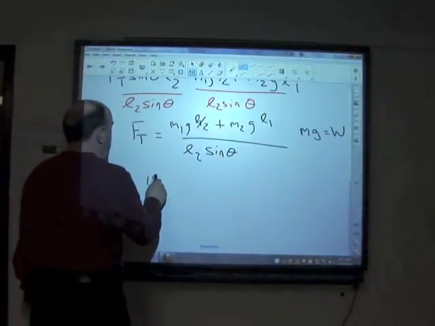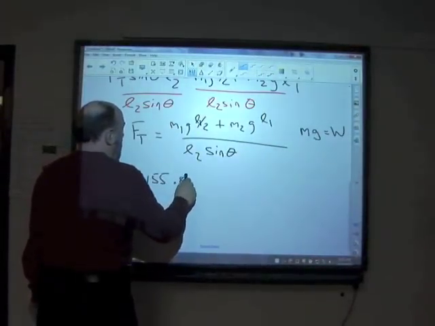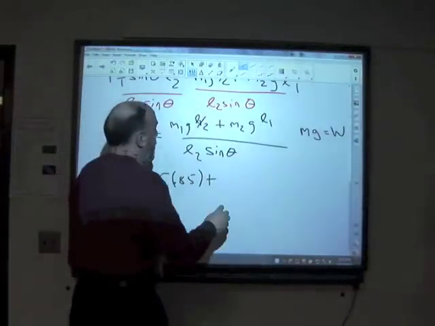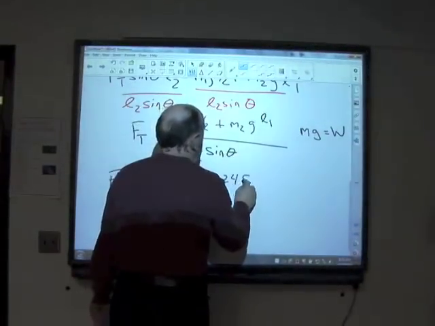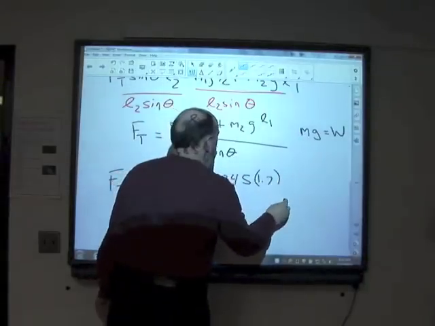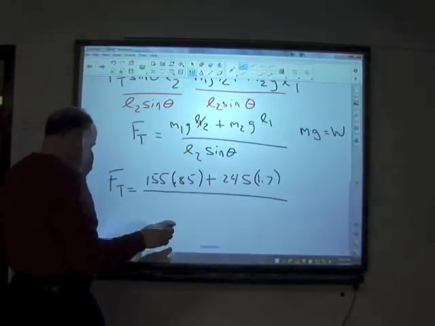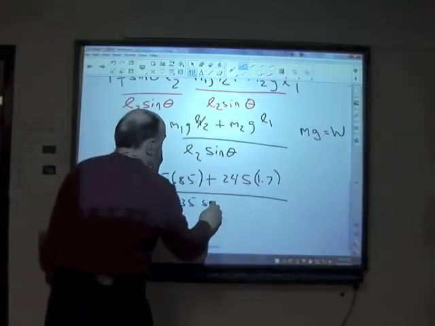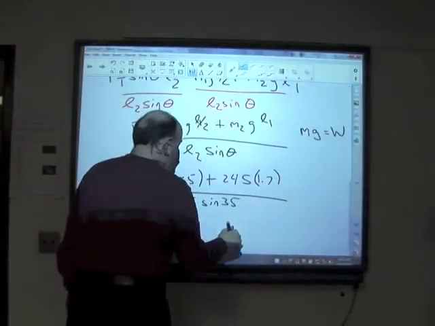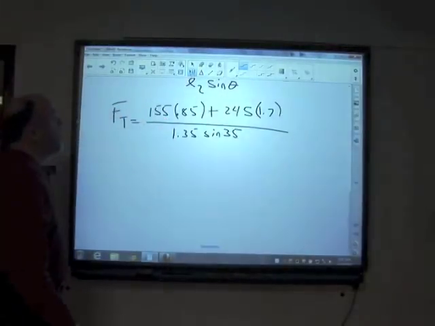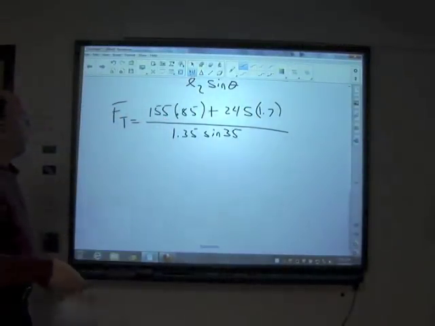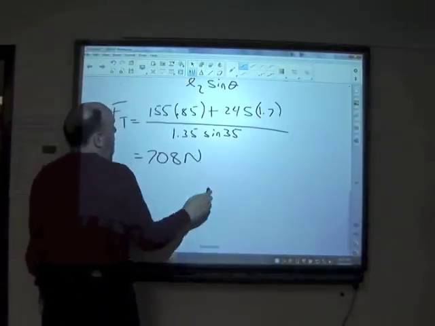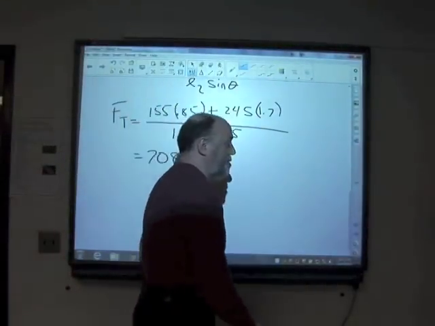And so we get 155 times 0.85 plus 245 times 1.7, all over 1.35 times the sine of 35. And we plug that all in, and we find out that the tension in the wire in this case will be 708 newtons.